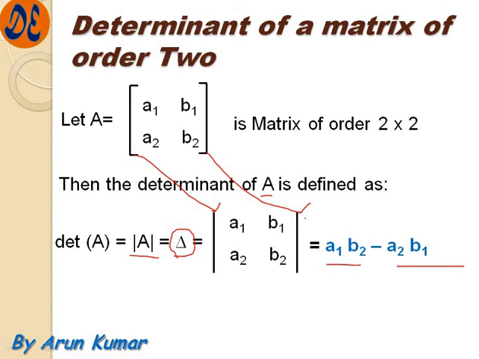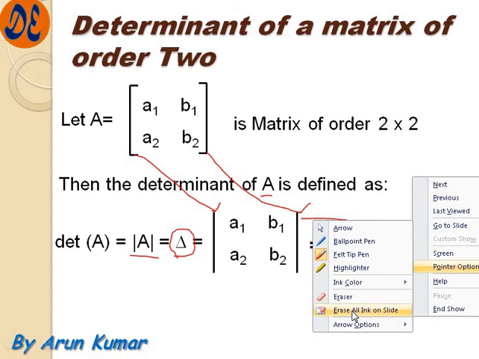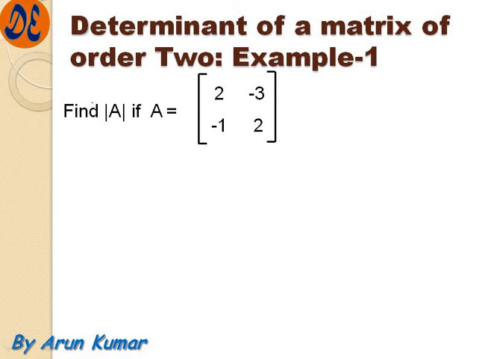Very easy. So from here we can easily calculate the determinant of any matrix of order 2. And I think it is very clear and easy for you also. So let us see a few examples. Find determinant of A if A is equal to this one.